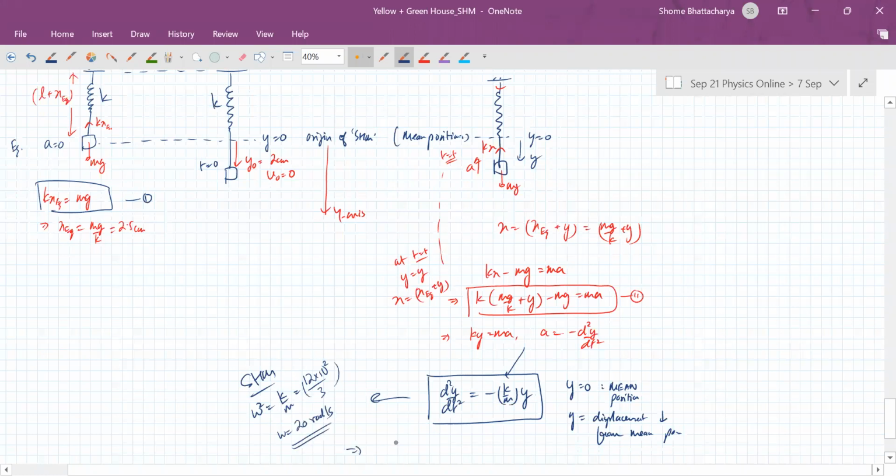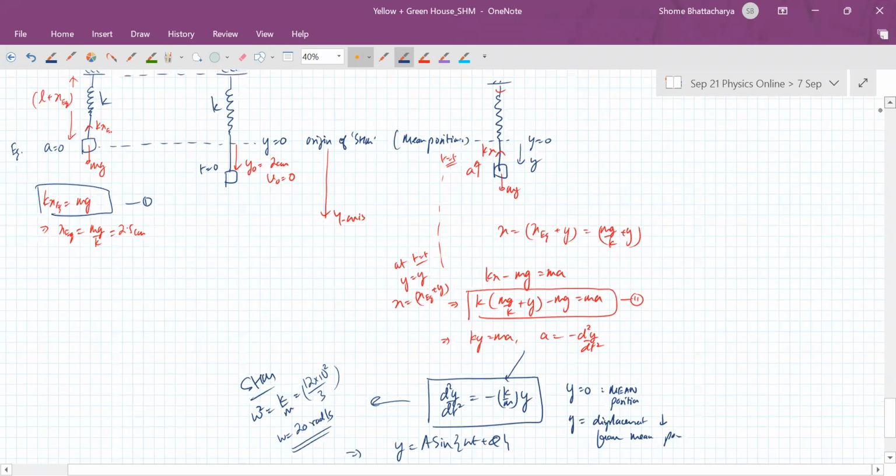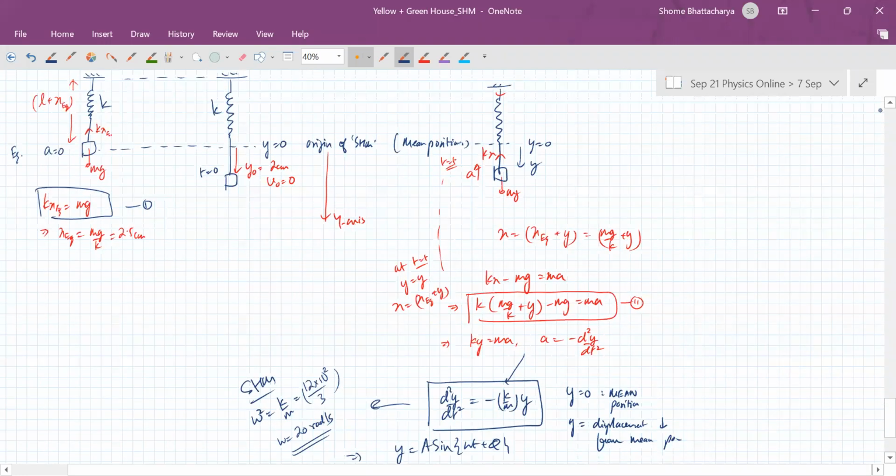So this shows that y will be some amplitude into sine of omega t plus phi, where omega is 20 radians per second. Okay, so note down up to this step, then we'll calculate amplitude and phase constant from the given initial conditions.